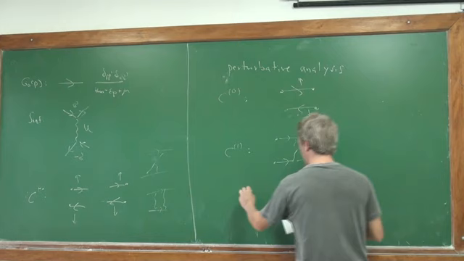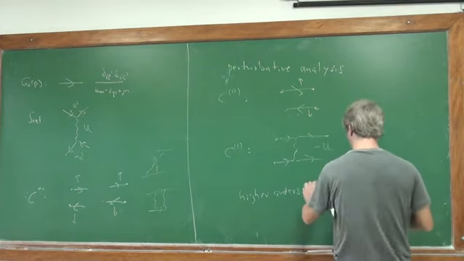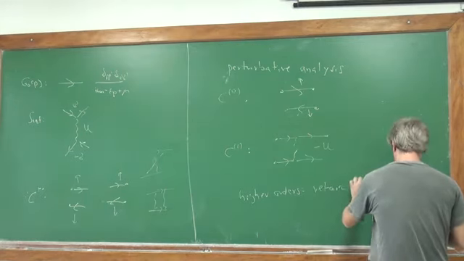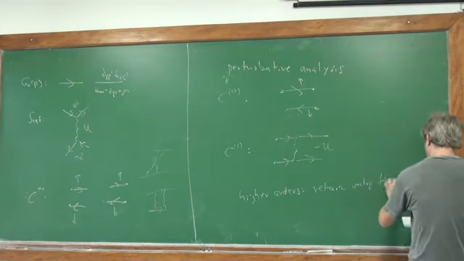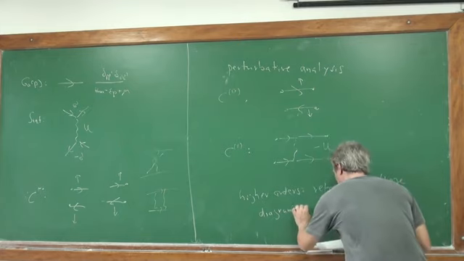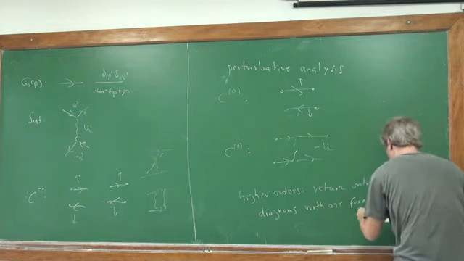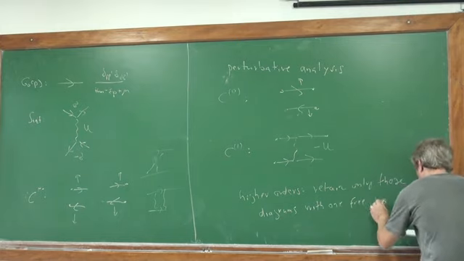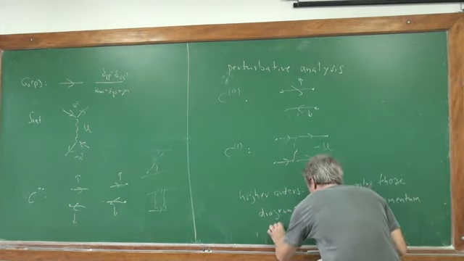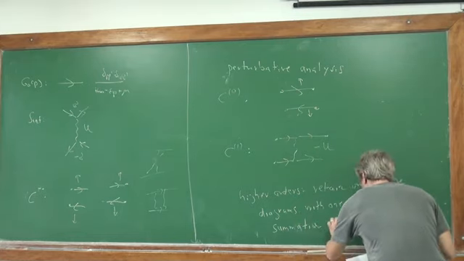So in first order we didn't have to do anything, but in higher orders, what we do is, again, we look only at the leading contribution from diagrams, we retain only those diagrams with one free momentum summation per interaction.